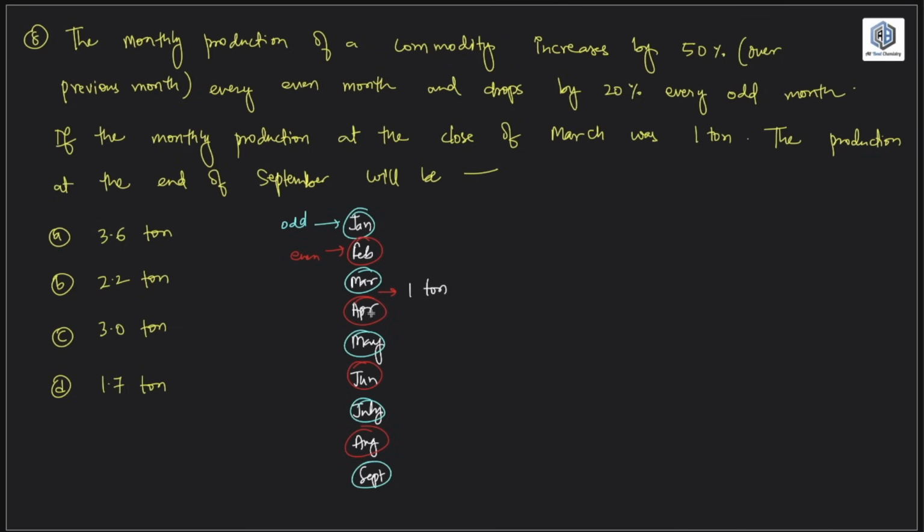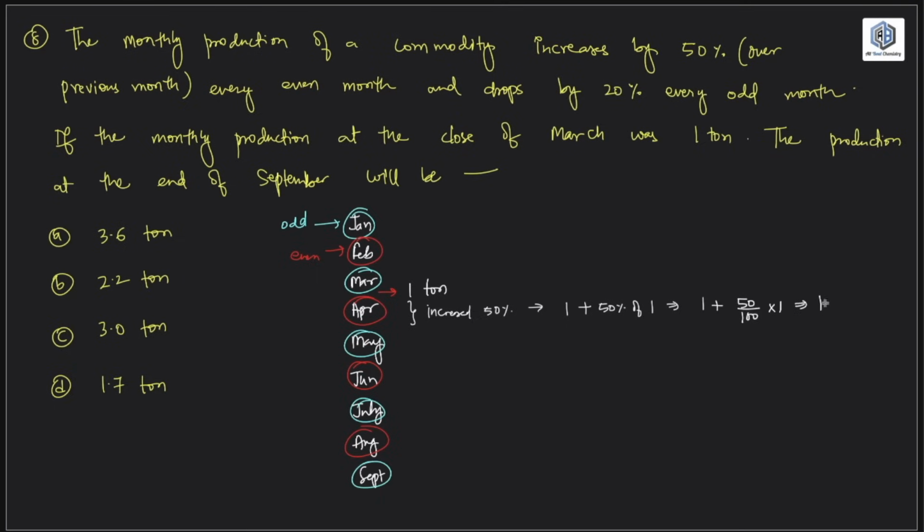So in April, since it is an even month, it would have increased by 50%. Increased by 50% means 1 plus 50% of 1. 50% of 1 will be 0.5, so 1 plus 50 upon 100 into 1, which is 0.5.